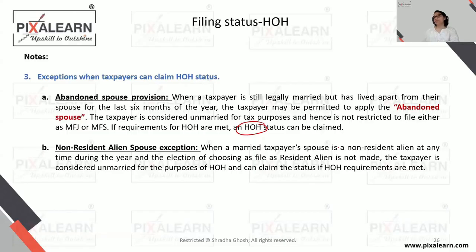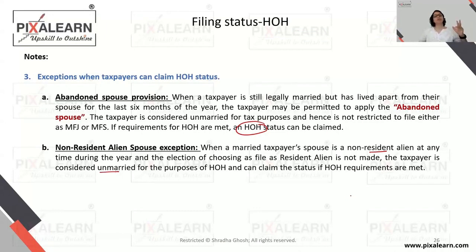See, when a married taxpayer's spouse is a non-resident alien at any time during the year, and the election to file as a resident is not made, so that person is still a non-resident alien, then the taxpayer is considered unmarried. Basically, you remember the provision that we spoke of for non-resident alien, the spouse getting married and coming into the US.